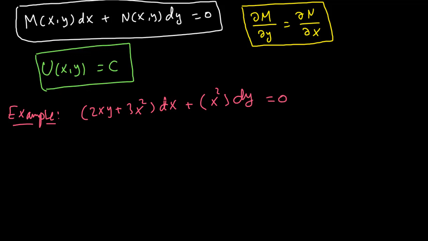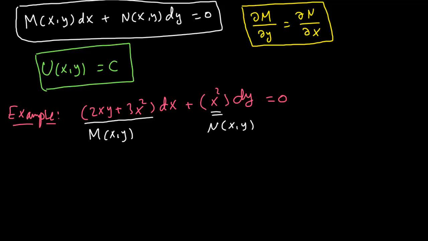The first thing here, we need to identify which is our function M of x and y and which is our function N of x and y. To do this, we don't just look at the order of these terms. It's the terms which are multiplied by dx. This one here will be our function M of x and y, and this term, which is multiplied by dy, will be our function N of x and y.